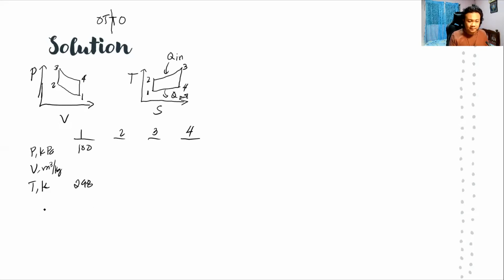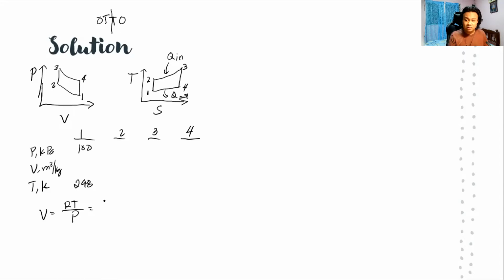So to get V, let's just use the ideal gas formula. So it's just RT over P. And what R do we use here? Because we are given the kilogram, it's also wise to use the per kilogram basis, and also the energy units must be in kilojoules also. Okay, for us not to be confused later on, and for easy solving.